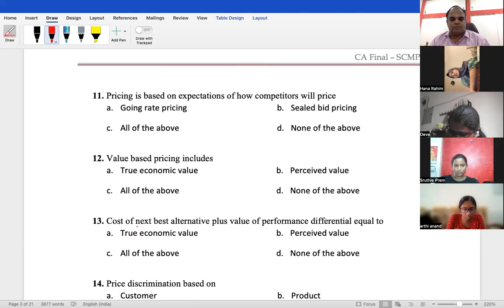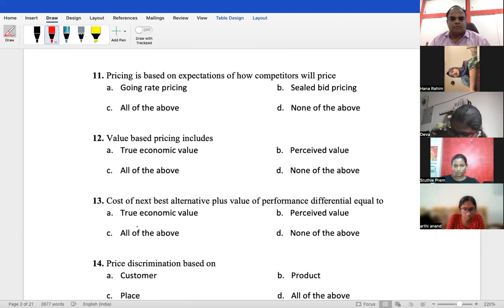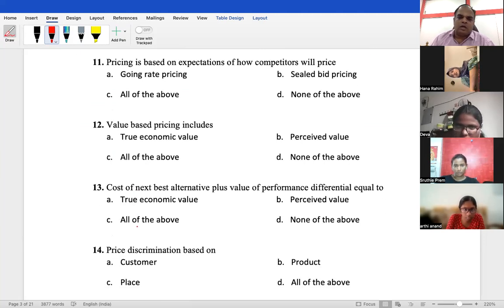Pricing is based on expectations of how competitors will price. A, going rate; B, sealed bid; C, all of the above; D, none. Again, sealed bid. Expectation of how competitors will price. But sealed bid is for contract-based pricing, no? Contract. My component, how they are going to fix the price.